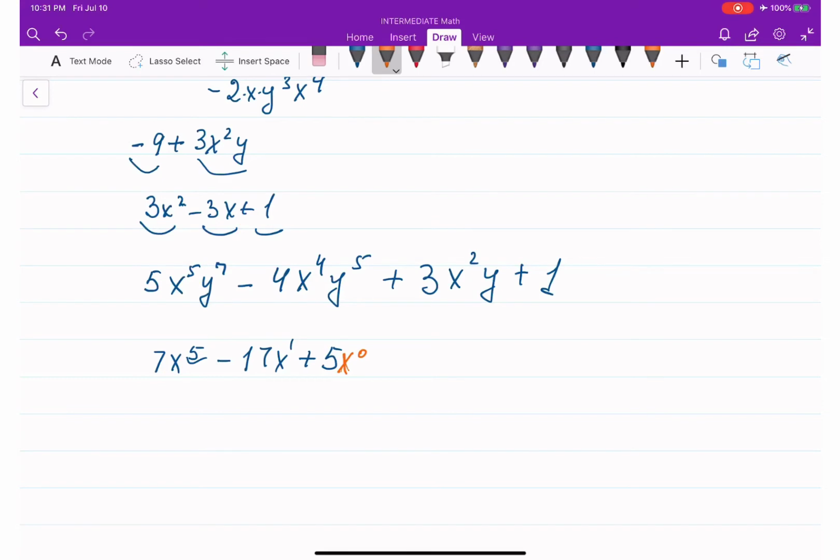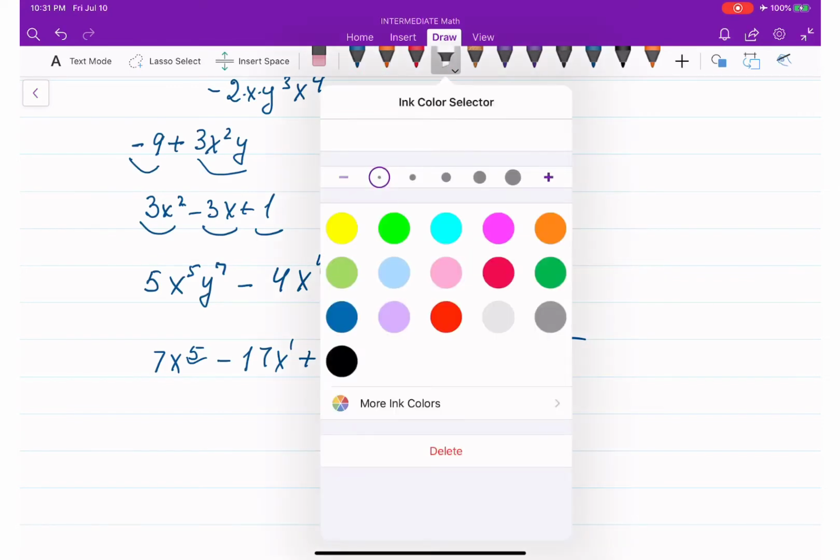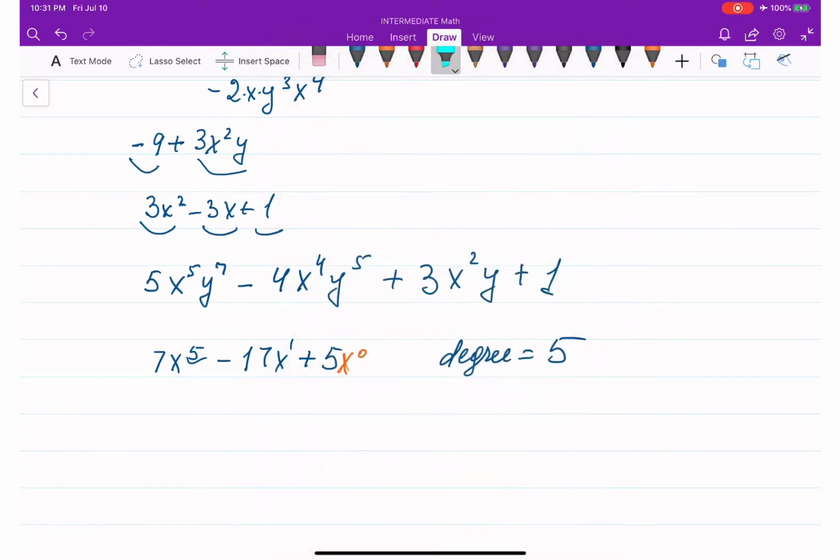So the highest degree of the variable is going to be the degree of the polynomial, which is 5. The degree is equal to 5 because of this.